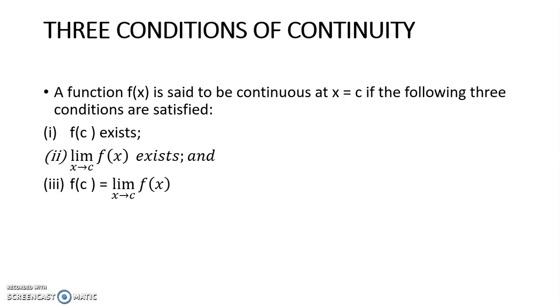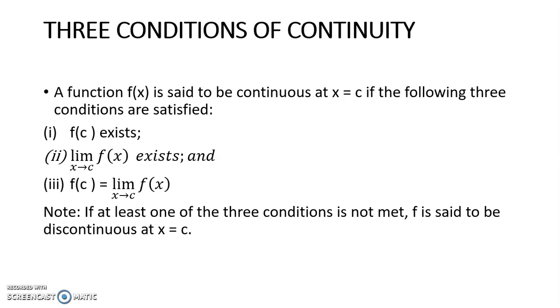And third, f of c equals limit of f of x as x approaches c. Note, if at least one of the three conditions is not met, f is said to be discontinuous at x equals c.